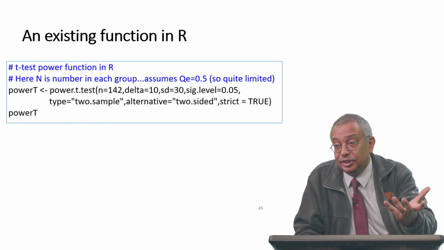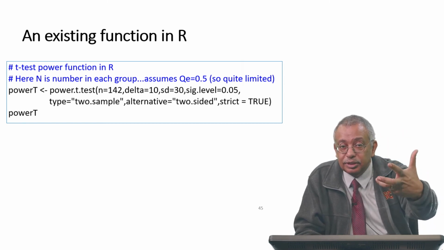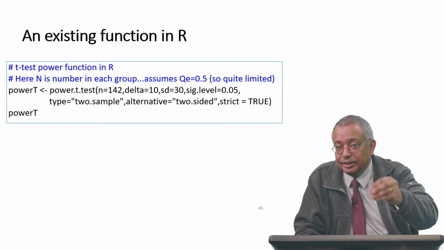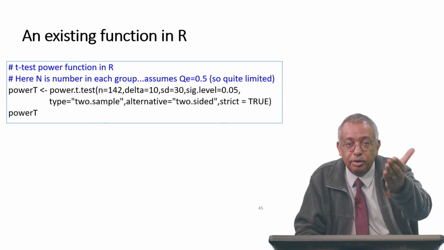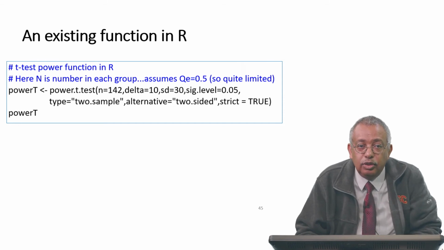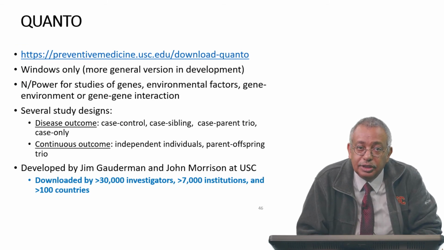Of course, you don't have to do this, even though we tried to do it in real time so that you understand the concept. The R software itself has the code built in, so you can use what we call power.t.test in order to make calculations for the t-test without having to do your own calculation.